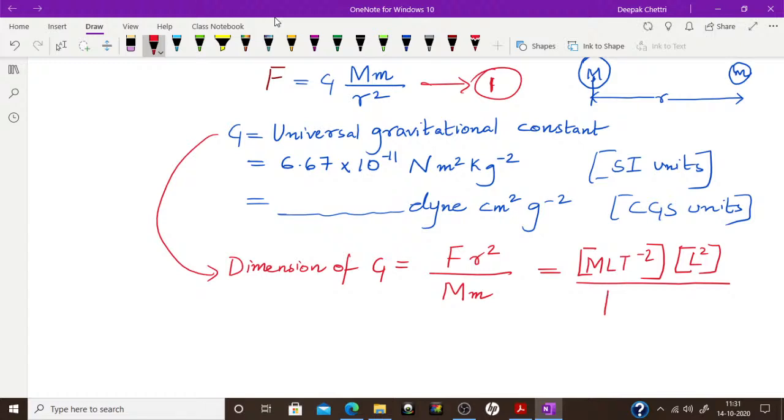You know dimension of mass is capital M, right? Another small m, so another dimension for this one also, so 2 m's here, right? So if you solve this, you will get M minus 1 L cube T minus 2. Did you understand this part? Yes or no? Right, dimension of G is clear or no?